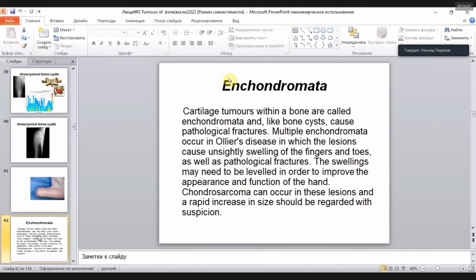Enchondroma. Cartilage tumors within a bone are called enchondromas and, like bone cysts, cause pathological fracture.